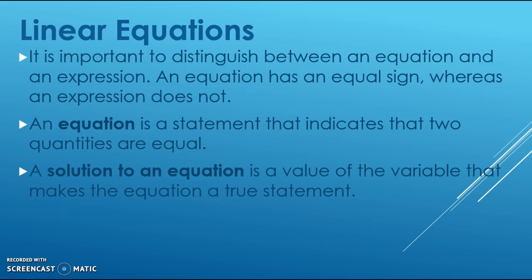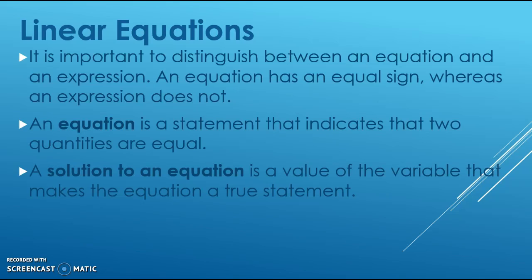And I like to think of an equation as a teeter-totter. So when we start getting a little further along and we talk about solving a linear equation, keep in mind that it's like a teeter-totter. So whatever we do to one side, we have to do to the other to keep everything even. So keep that in the forefront of your mind, that in an equation, those two quantities on either side are equal.